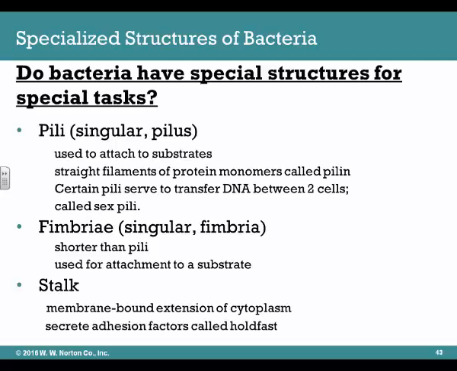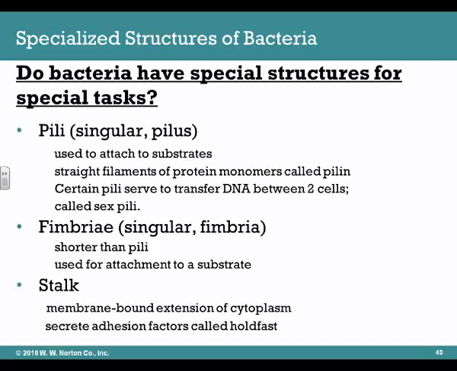Fimbriae are similar to pili in their structure and function. They're actually physically shorter than pili, but they have the same function as far as attachment to a substrate such as a tissue, and they are primarily a polymer of protein monomers.